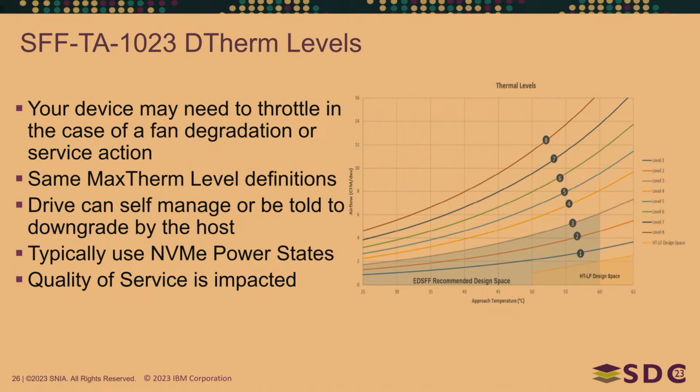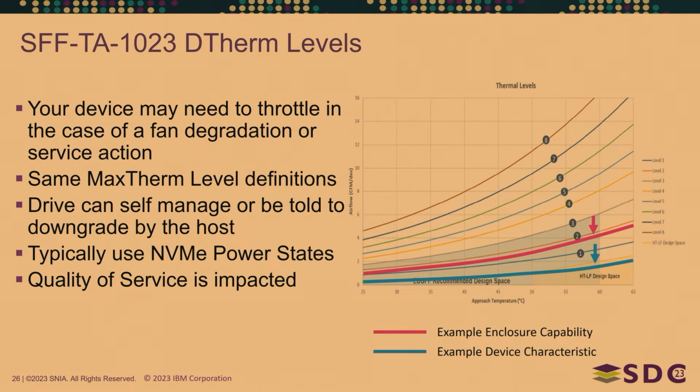The downside here is quality of service is impacted. So if you're trying to guarantee a certain amount of performance and you use these D-therm levels, then you're going to have to throttle down to something of a lower performance. So you might want to just over-engineer everything so that when you do have one of these service actions or degradations, you're still providing the type of airflow you need to have all the devices running at max performance.